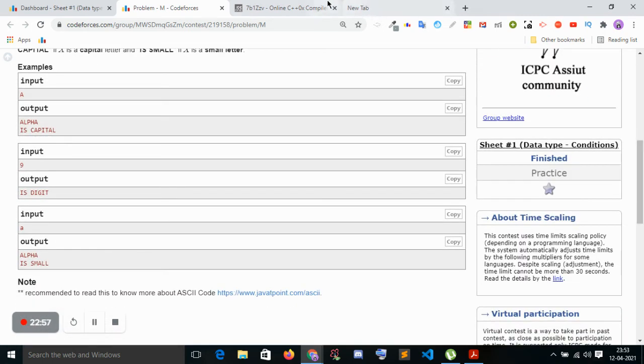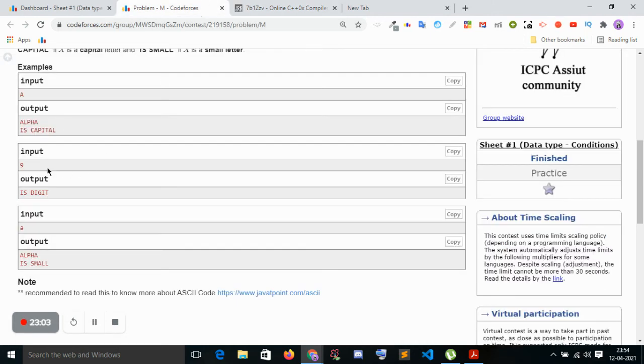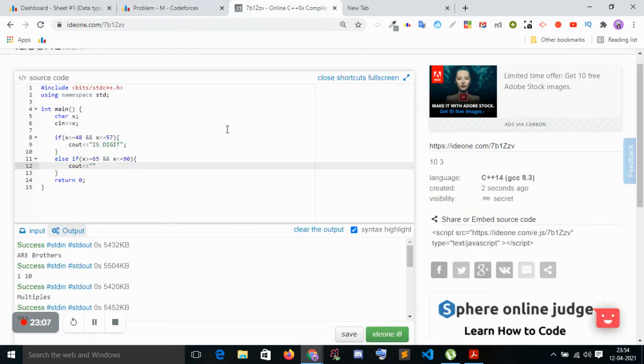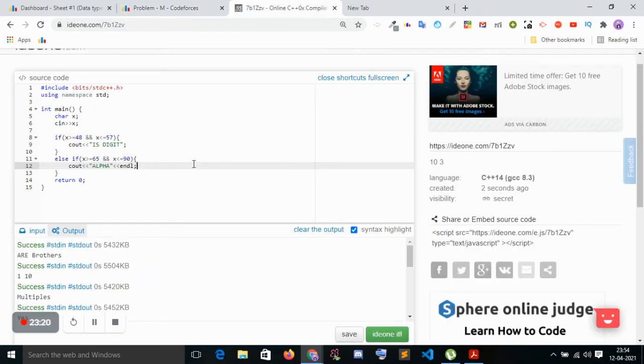So first I have to print alpha, you can check it, alpha. So I have to print alpha and then handle, because the next line is printing handle here. It's capital, so I will do handle here and again, just is capital.